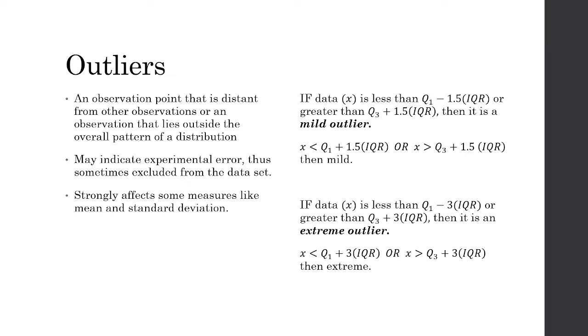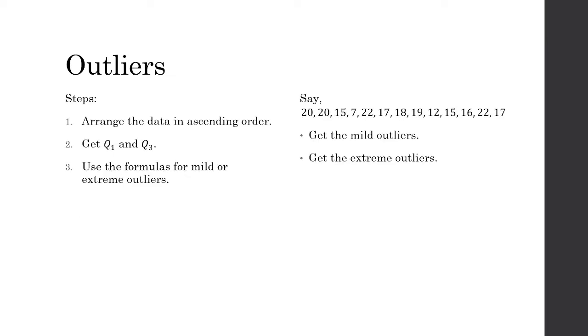So if you have data that is less than Q1 minus 3 times the IQR or greater than the third quartile plus 3 times the IQR, it is called an extreme outlier. So, dyan natin ma-quantify yung ating outliers.